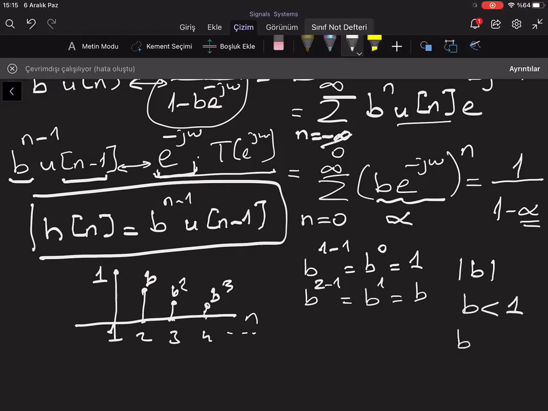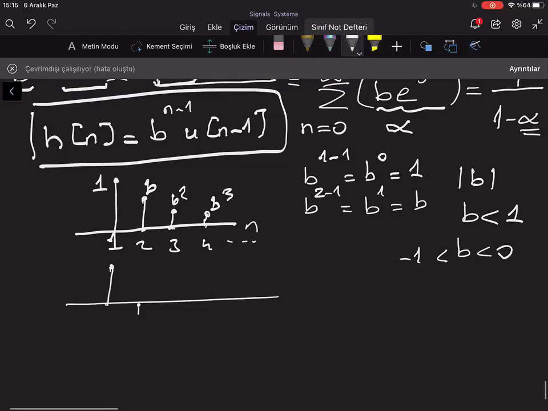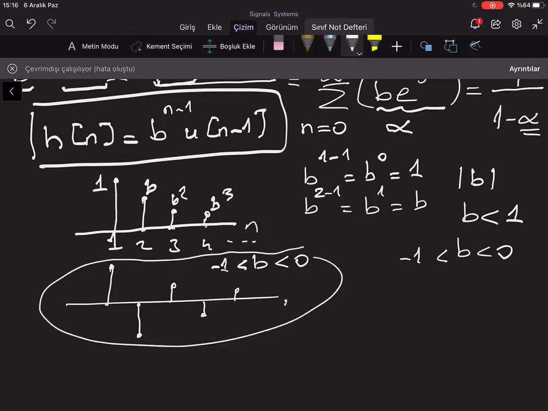If b is a negative number, between -1 and 0, then it would look something like that. So if b is less than 0 and greater than -1, this would be my plot. If b is greater than 0 and less than 1, then it would look something like that. So it all depends on our b.